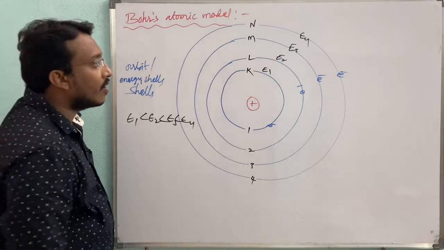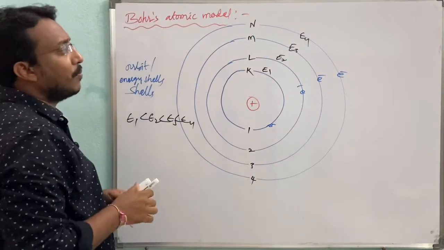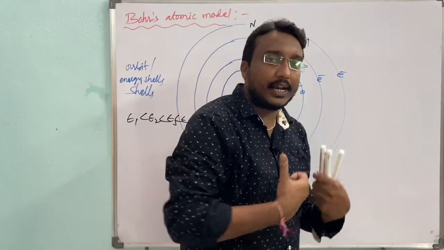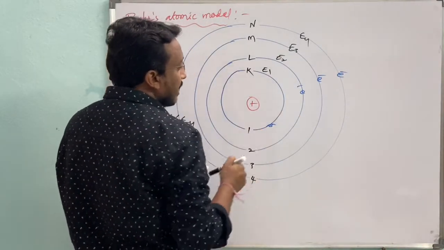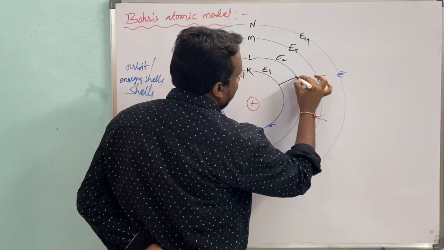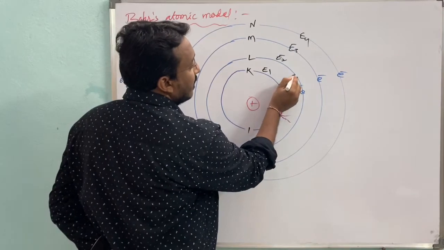One more important fact is that if electrons gain extra energy, sometimes they can jump from one shell to another shell. Electrons can jump from one shell to another shell.